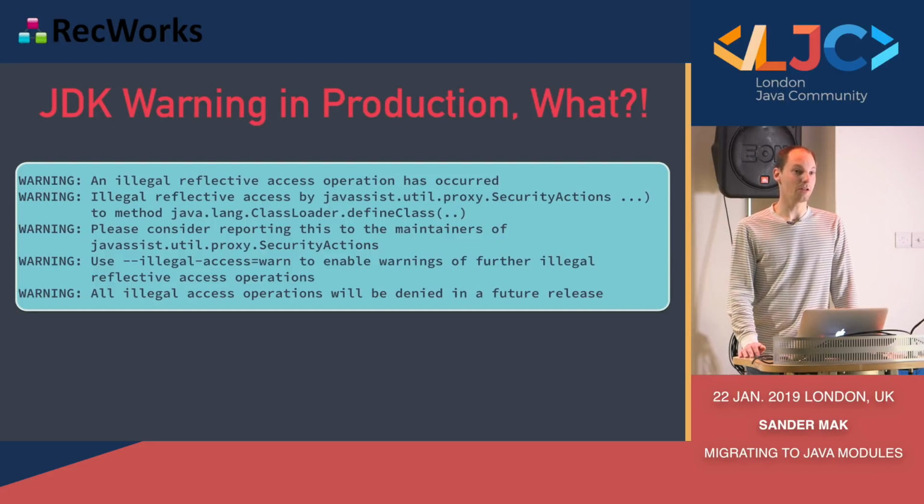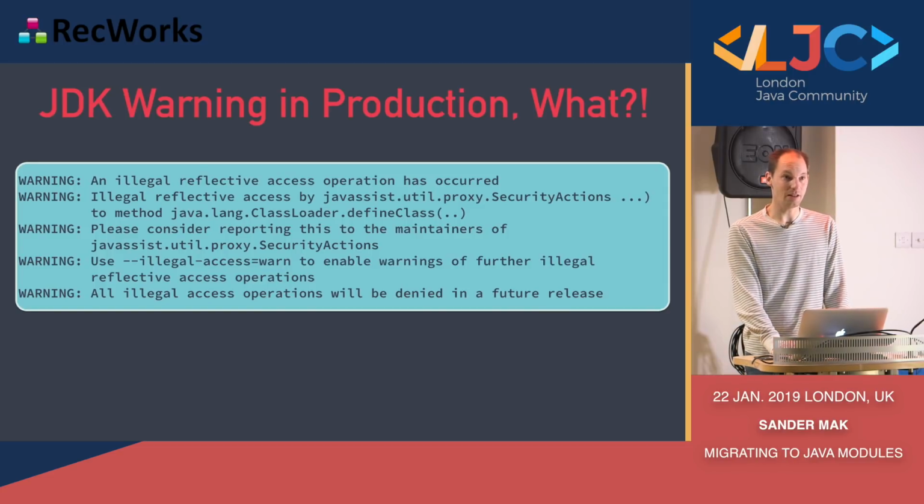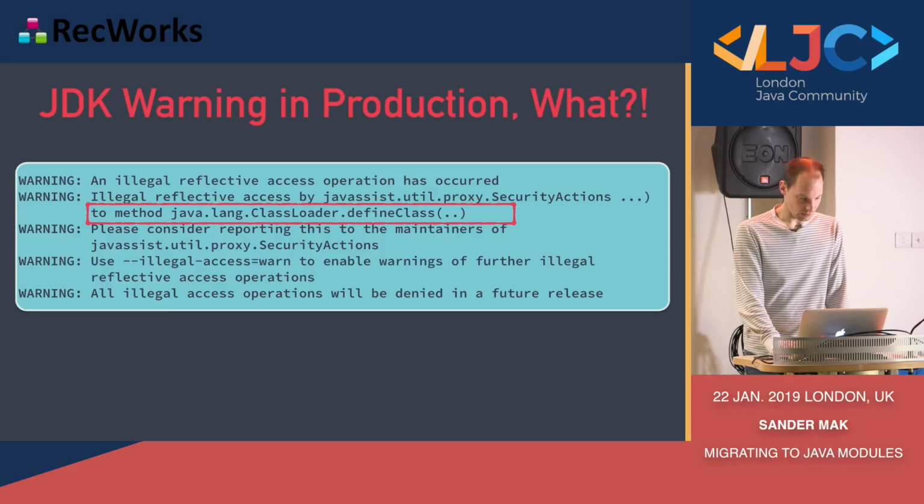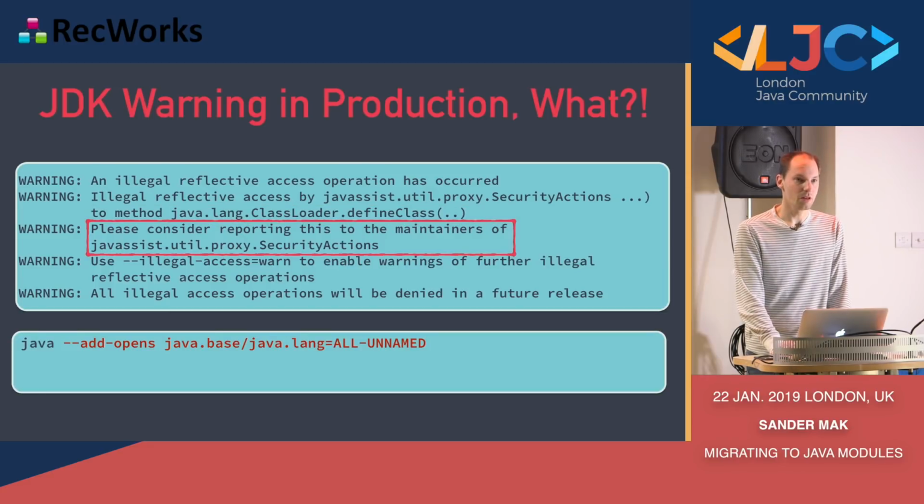And luckily for us, they actually fixed this in Javassist in a newer version. So one way to fix this would be to upgrade to a newer version of Javassist. But if for some reason we have a library that hasn't fixed anything yet and that we still want to run without this warning, then we need to tell the JDK, okay, for this time, it's okay.